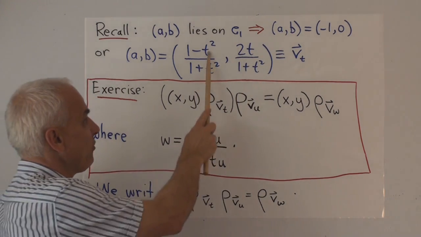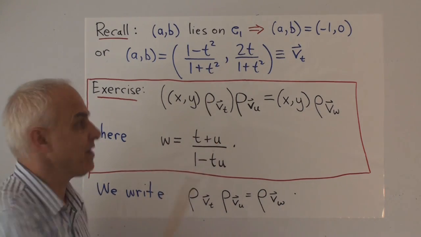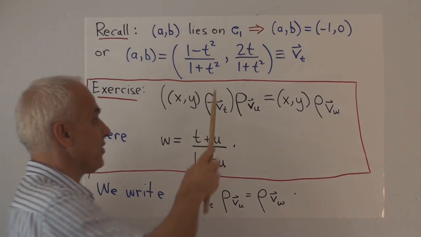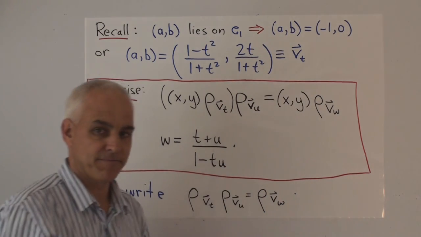For any rational number t, this defines a point on the circle, and every point on the circle is of this form unless it's this one here.